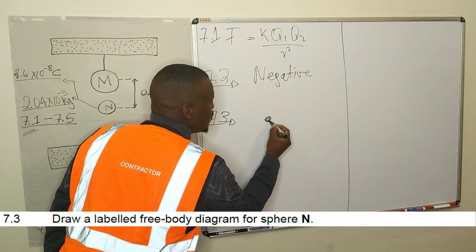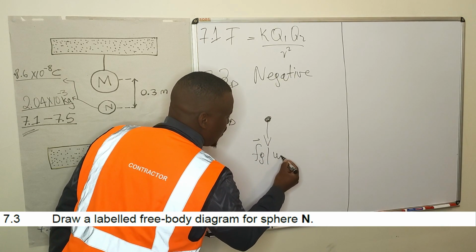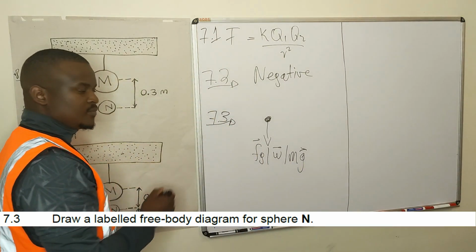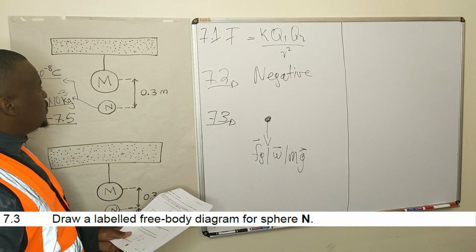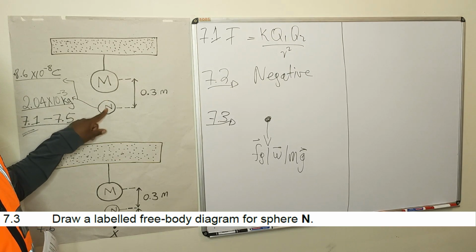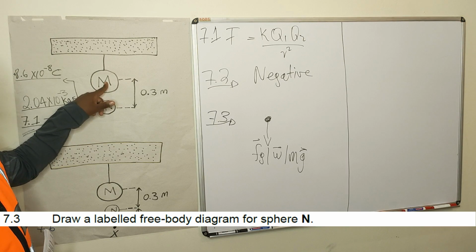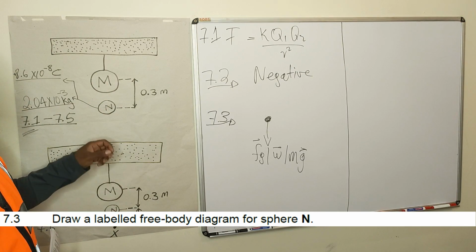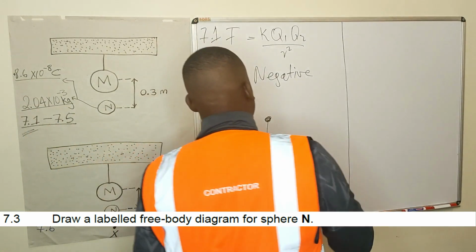So we have the force of gravity here on N, or we say weight, or mg. Same thing. What else do we have? We have the force of M on N, which pulls N up, the attraction between the two. So we have the electrostatic force of M on N pulling N upwards. So we have this force here.